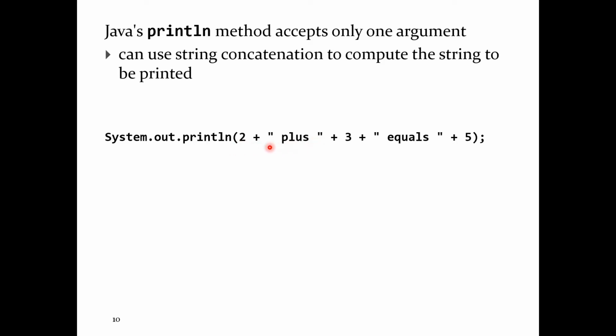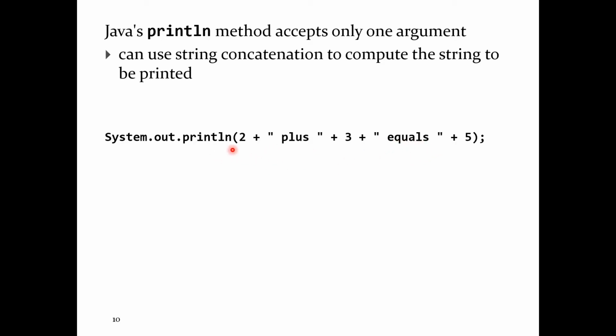Right, so 2 plus string plus produces a string, and then plus 3, well, that's string concatenation again, right? So that's a string concatenated with an integer. So Java will compute the string corresponding to 3, and then concatenate all of this together to produce a new string, plus the string equals, so that's string concatenation again, right?